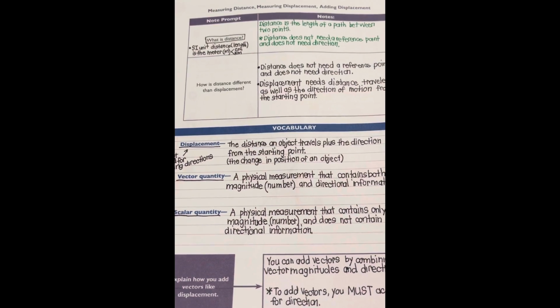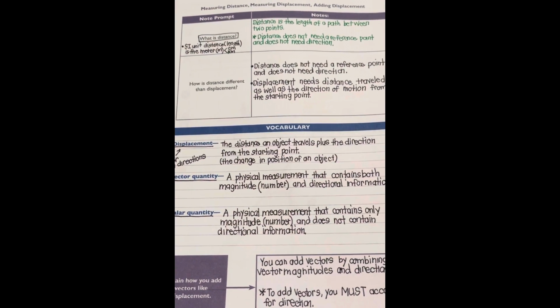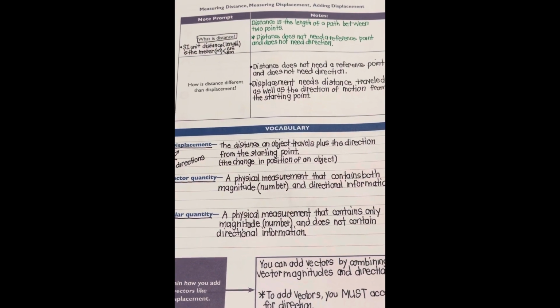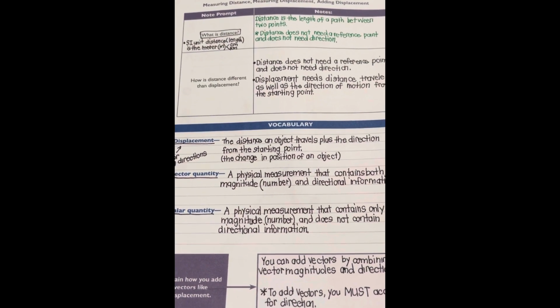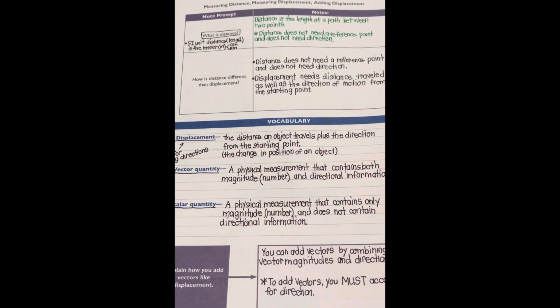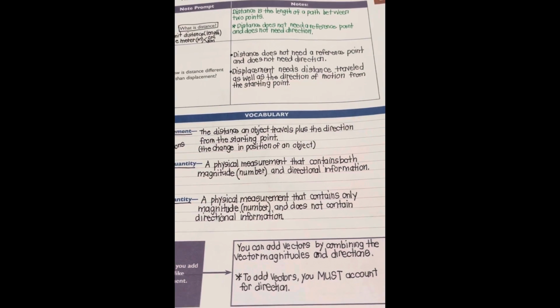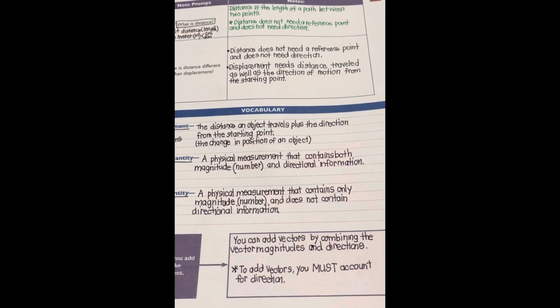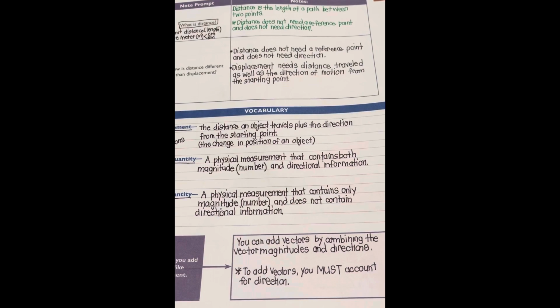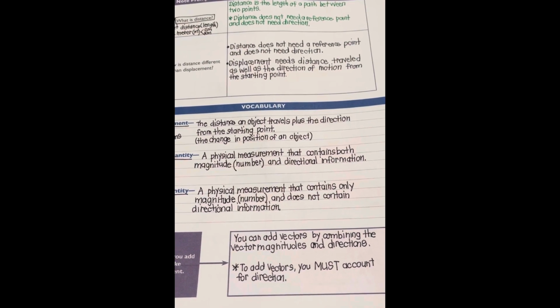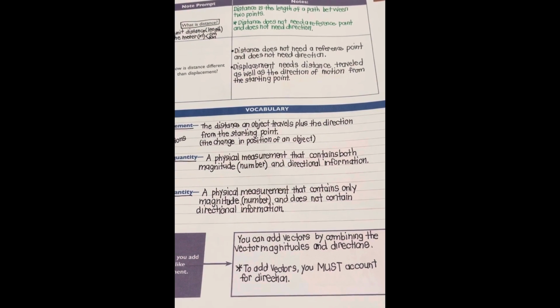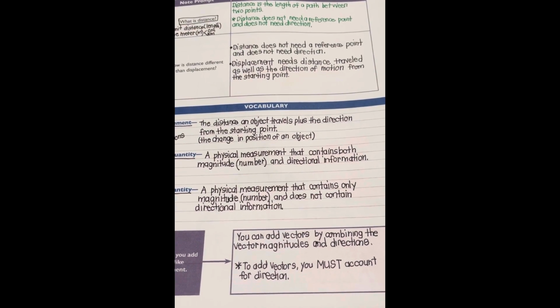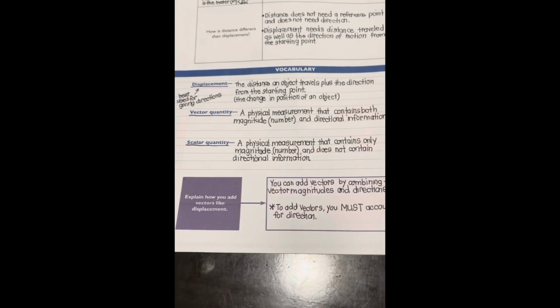For very small distances, we would use centimeters, and for very large distances, we would use kilometers. So then how is distance different than displacement? All right, so like I said, distance does not need a reference point and does not need direction. Displacement needs distance traveled as well as the direction of motion from the starting point.